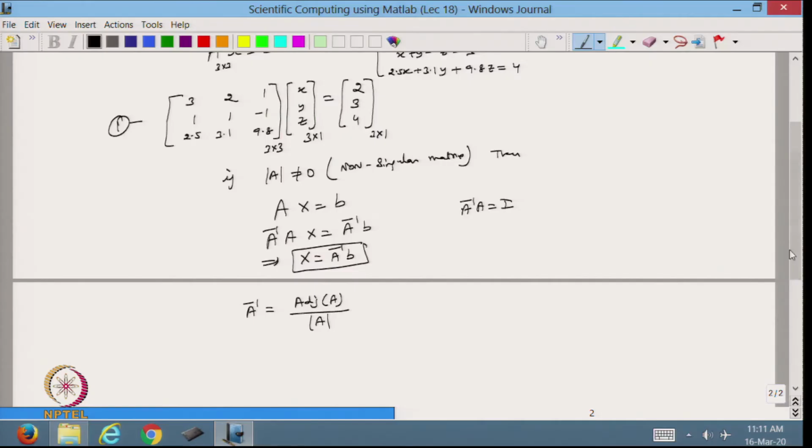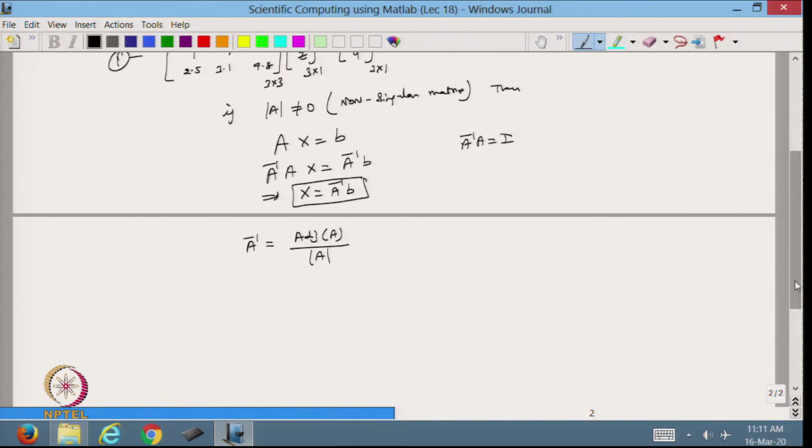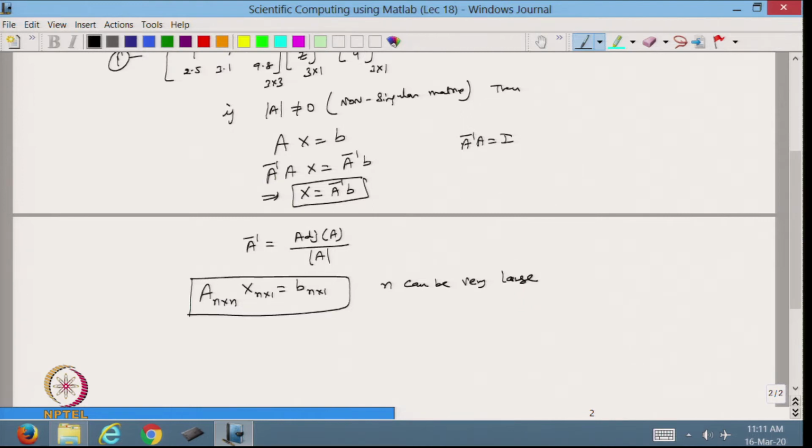Now, things have changed, because we may have a system A that is n cross n, suppose a very large system, and x is a vector n cross 1, equal to B, n cross 1. And n can be very large.